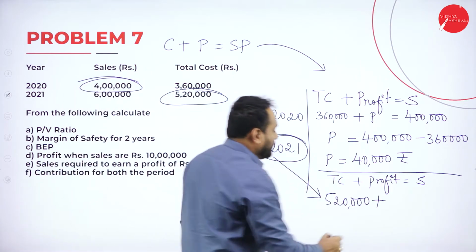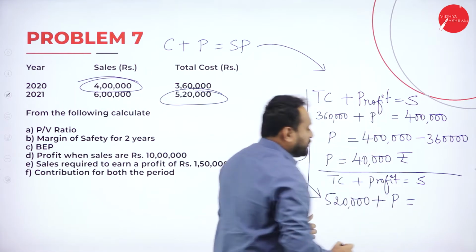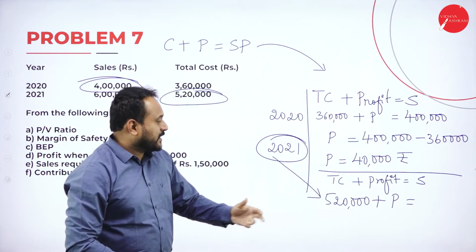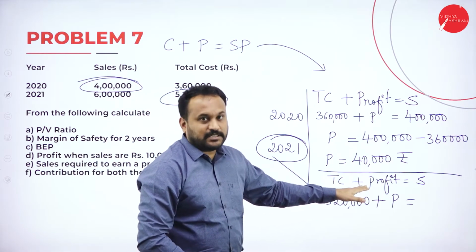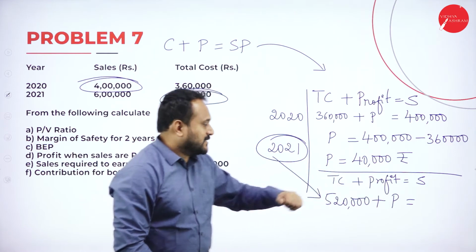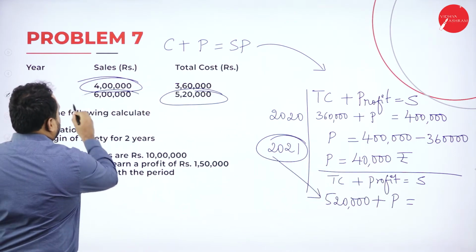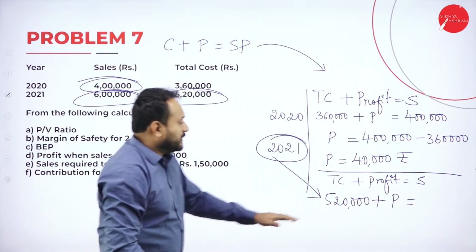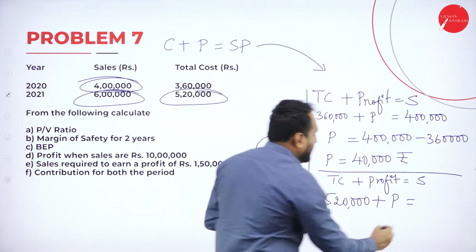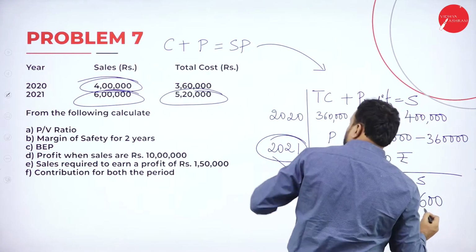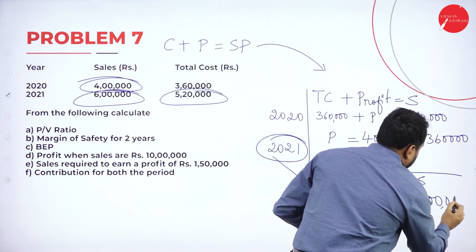I need to find my profit. Sometimes you may also incur loss. When you incur loss, total cost minus loss is equal to sales is what you are supposed to go with. Now let's go with profit, because sales is the bigger amount, so definitely I'll get profit. So here I'll write 6 lakh.